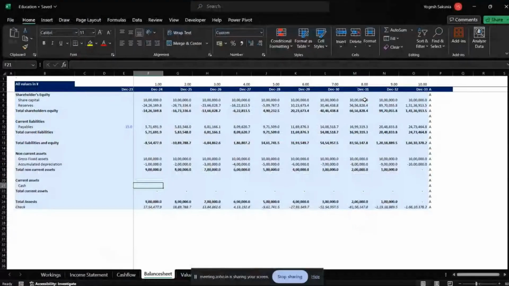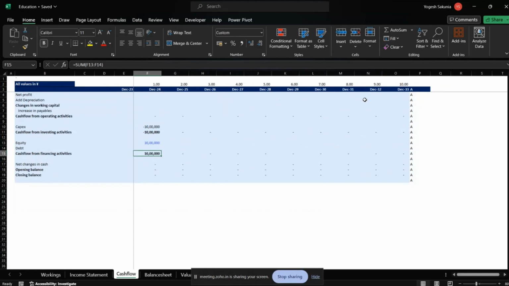As I said, the cash in the balance sheet will come from the cash flow statement. Once we have linked the cash here, the balance sheet will tally. Again, a very simple cash flow statement.